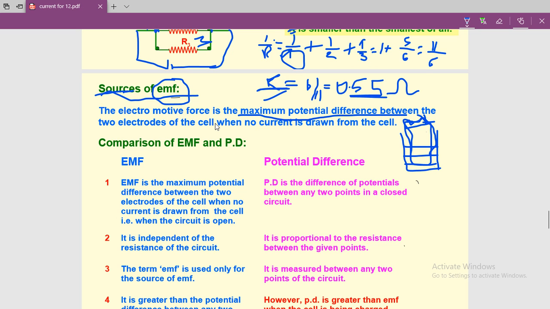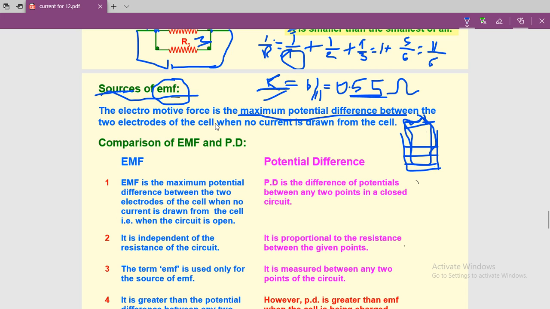Internal part means including the electrolyte of the chemical cell. So I hope you are getting my point. So we completed here the series combination, then parallel combination, then what is a chemical cell. Let me repeat once again, a chemical cell is a device which converts chemical energy into electrical energy. Then the next one is, what is the source of EMF.